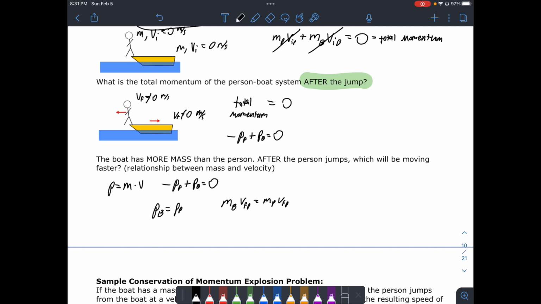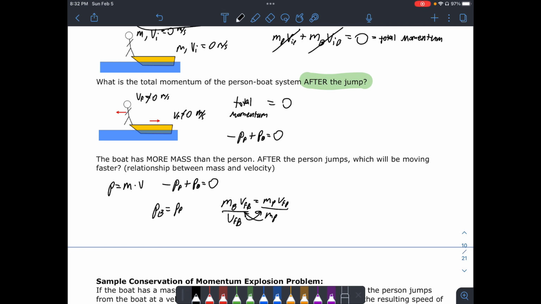And I'm going to explain this using some ratios. So I'm going to divide over mp, mass of our person, and divide the velocity of our boat to both sides. This is going over here, and this one's going over here.